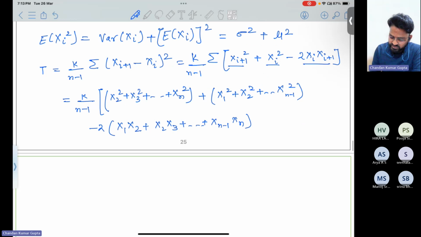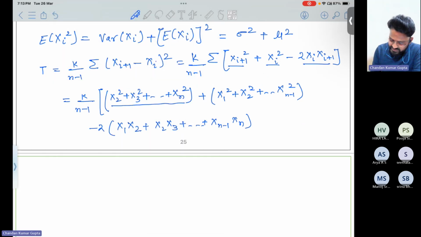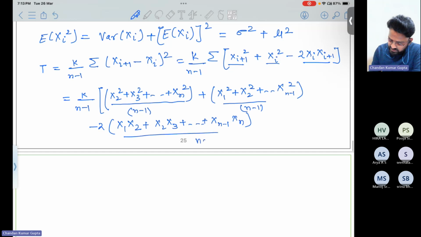Okay, so here there are n minus 1 terms, here there are n minus 1 terms, and here it is also n minus 1 terms. Now we will consider the expectation.